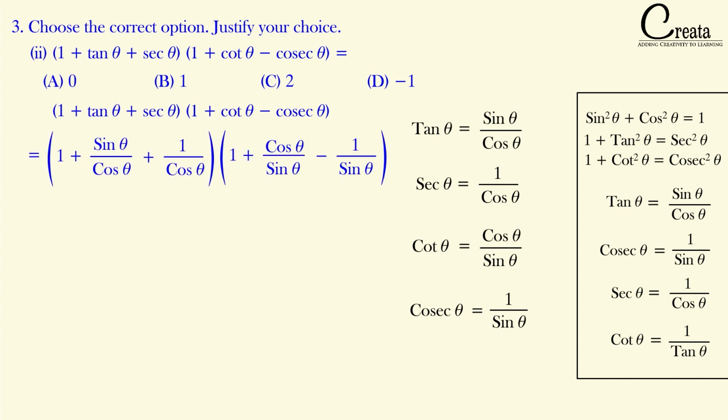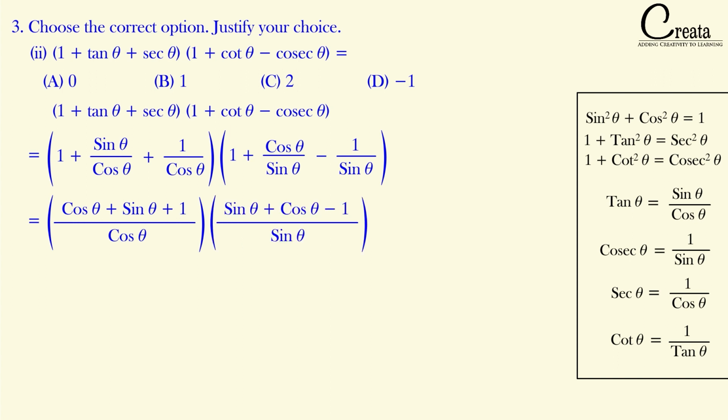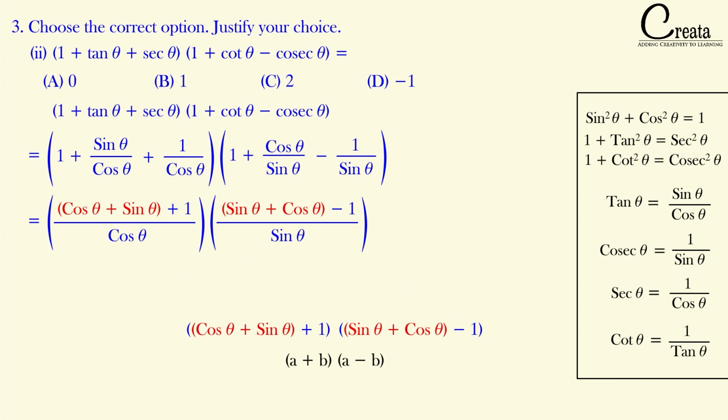Let's put in all the values. In the first expression, let's take cos theta as the LCM. In the second expression, let's take sin theta as the LCM. We got this expression. Here, let's put sin theta and cos theta in the bracket in both the terms. Here, can we compare this with (a plus b) into (a minus b)? Are you able to observe this? Here sin theta plus cos theta is a and 1 is b.